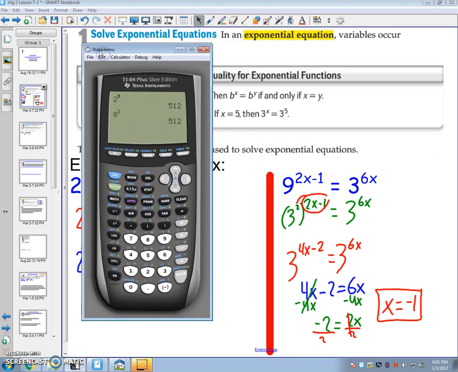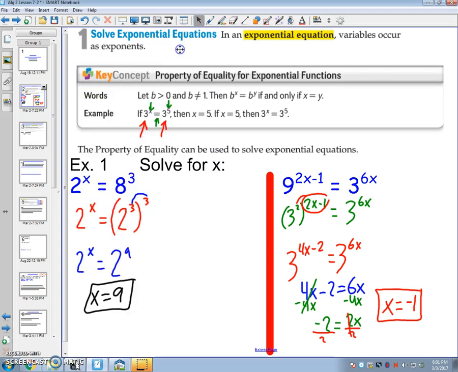So 9 to the 2 times x, which was negative 1, minus 1 gives me this decimal. Well, 3 to the 6 times negative 1 should be the same decimal, which it is. So again, same bases mean same exponents.